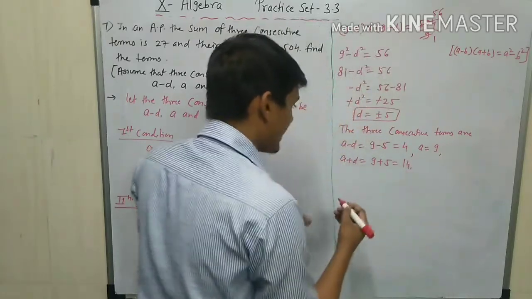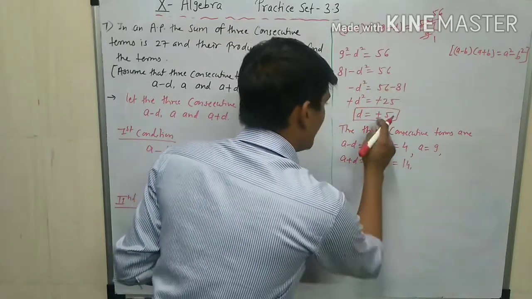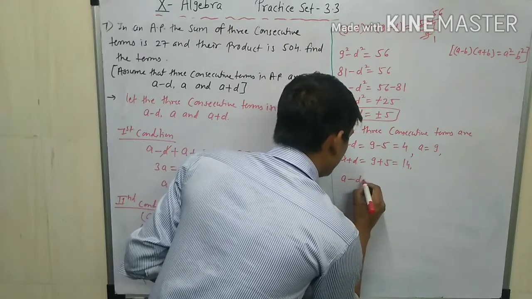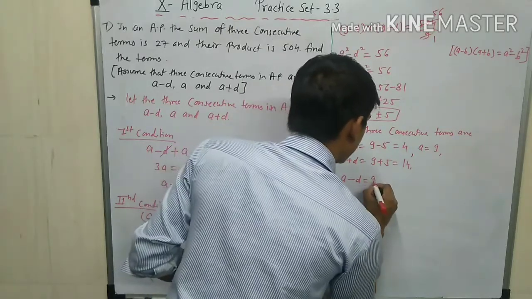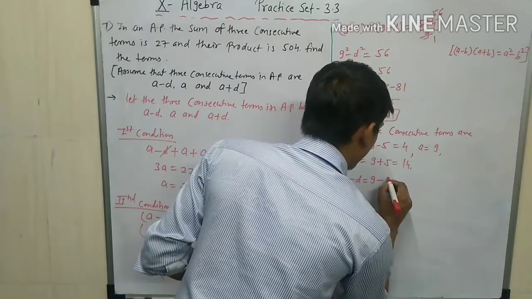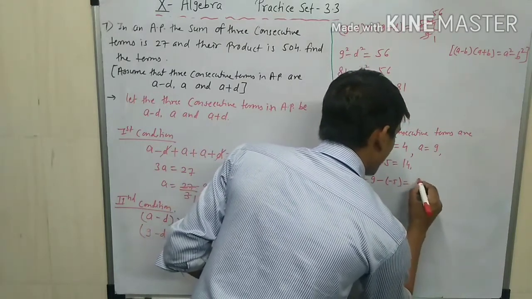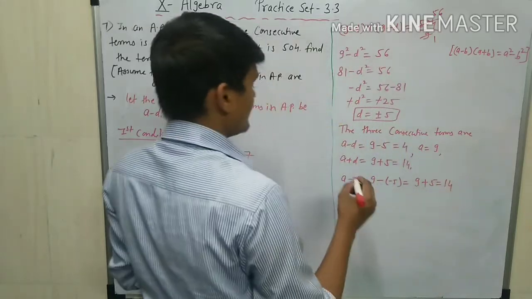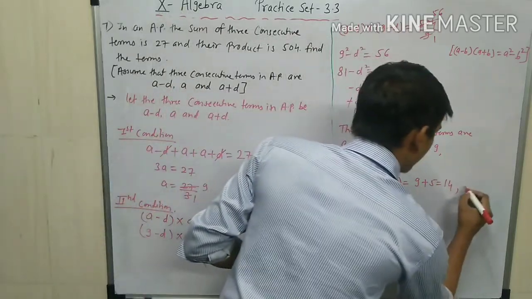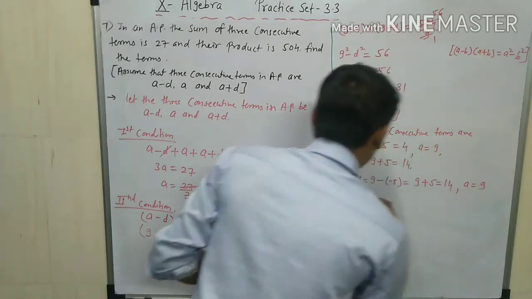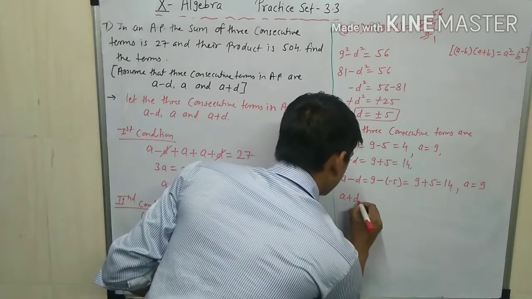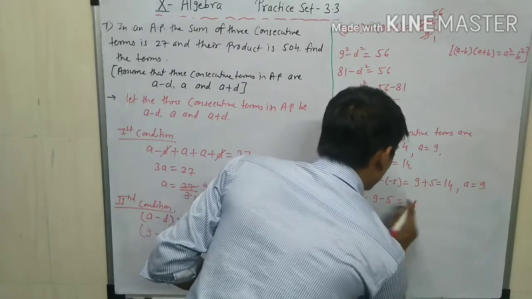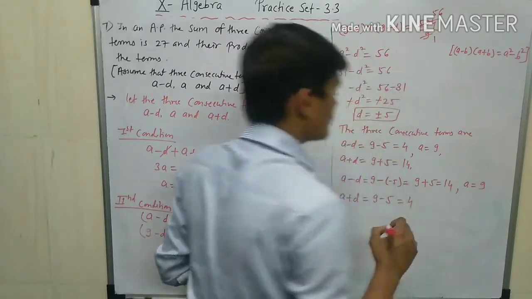Understood? Now second we use d is equal to minus 5. Then a minus d is 9 plus 5 is equal to 14. Now second is a, a is equal to 9, and last is a plus d, which is 9 minus 5 is equal to 4. Understood?